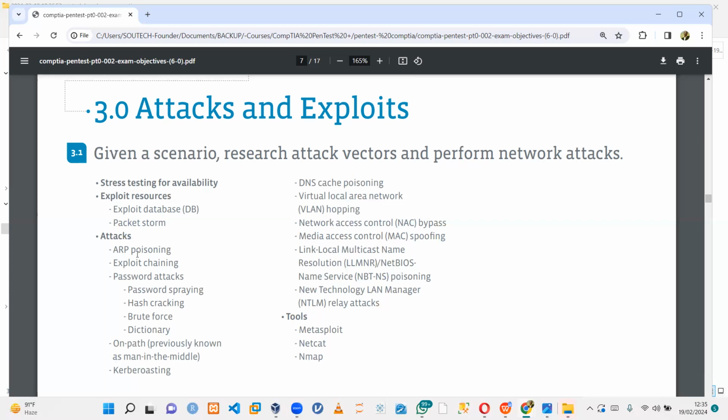So ARP, for instance, for a network, exploit chaining, password attacks, on-path or man-in-the-middle, DNS cache poisoning, VLAN hopping. All of these are different types of attacks that you're going to have. For each of them, you should be able to understand the scenario in which this can happen. And some of the tools we're going to be using are Metasploit, Netcat and Nmap.